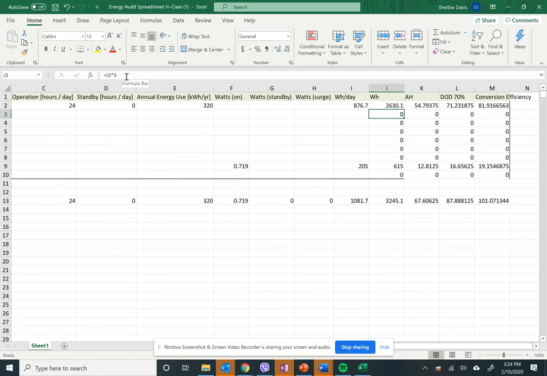So that is 2,630. And then we have a 48 volt bank. So we're going to divide our watt hours, watts meaning power, by 48 volts, which is going to give us amp hours.